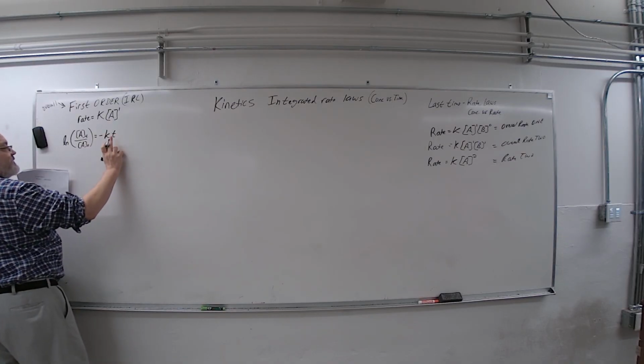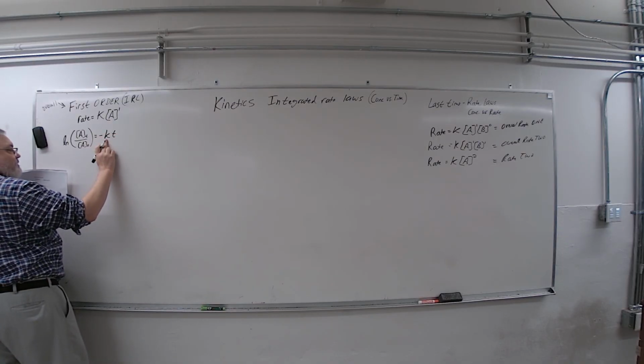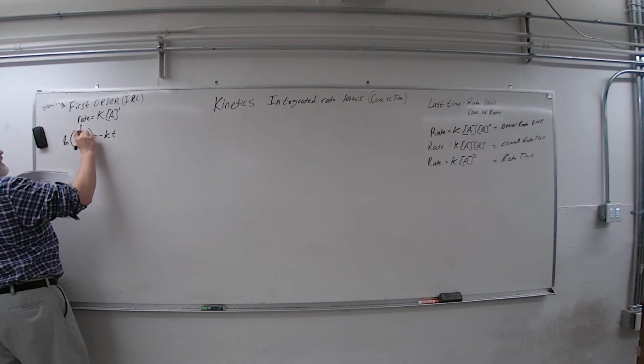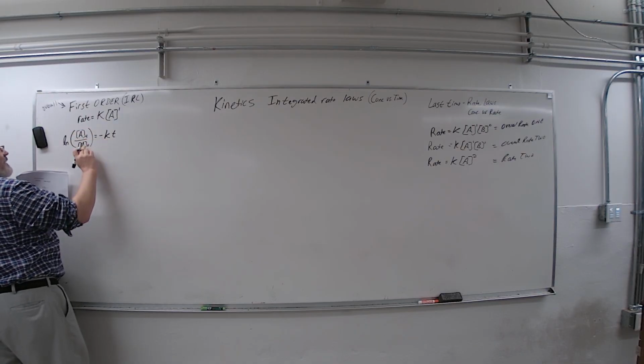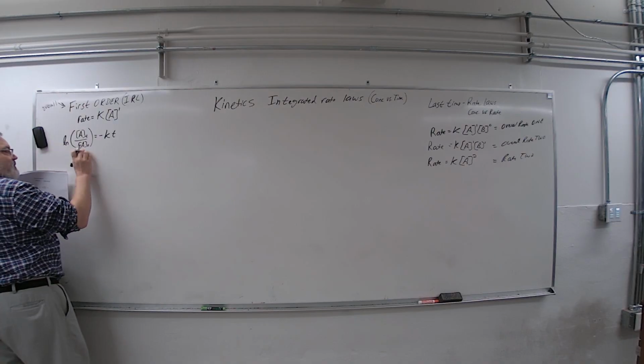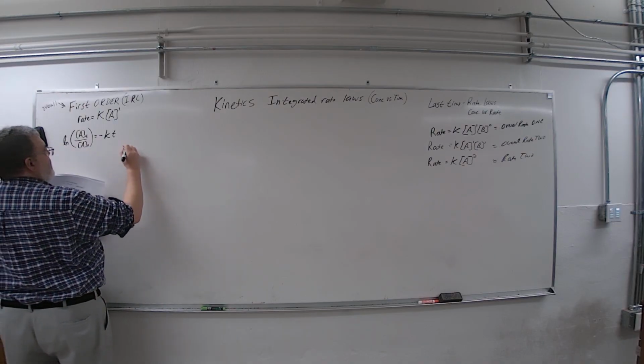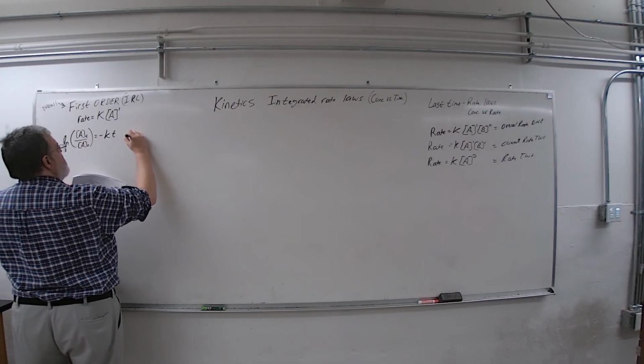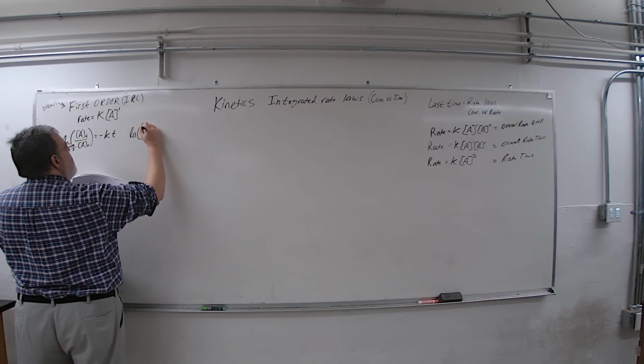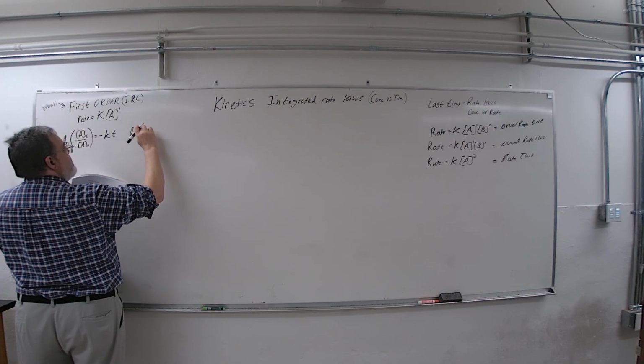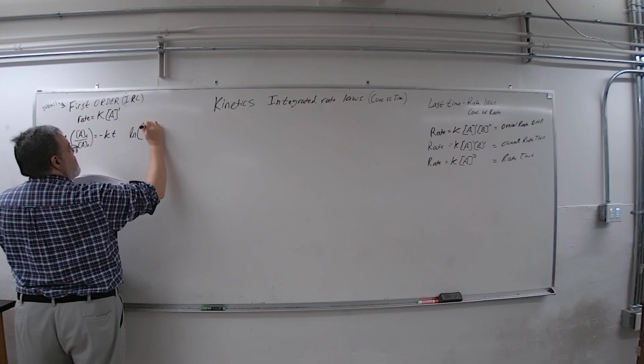So same variables: time, the constant, and you have a concentration of A at some time, and concentration of A at time 0 right at the beginning. And it turns out you could also do it this way. I don't really need to pick both of these up, but just let me point out.